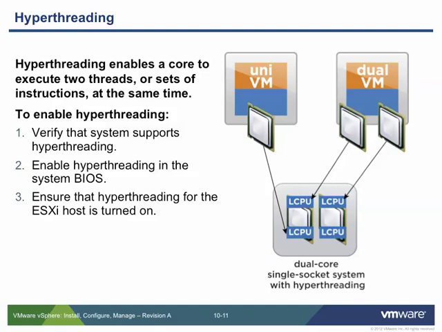You see four different trending lines, and you actually have only one processor. There are two cores, but then you have hyperthreading, so it shows up as four logical CPUs. That's the LCPU designation there, logical CPU. And VMware takes advantage of that, so if we're looking at a dual core single socket with hyperthreading, it will present to the virtual machines a total of four virtual CPUs.